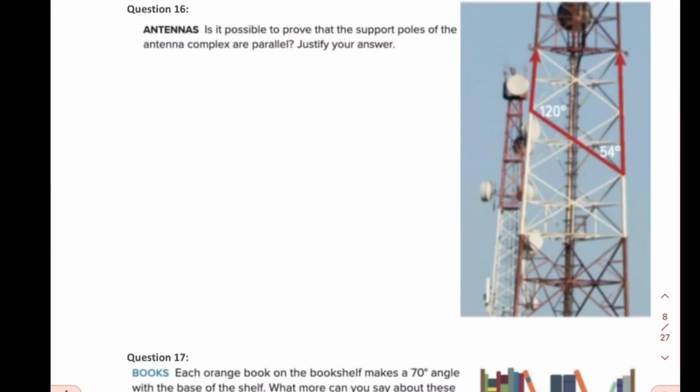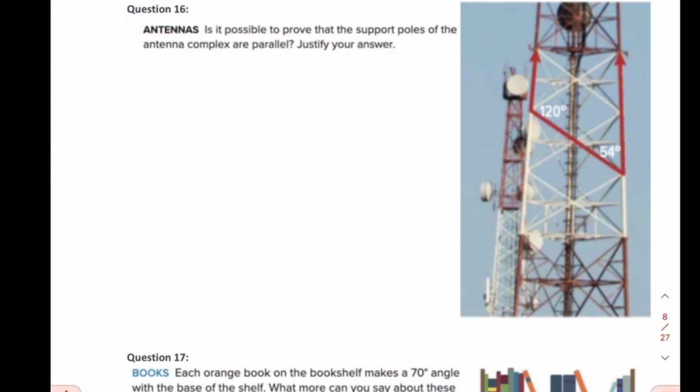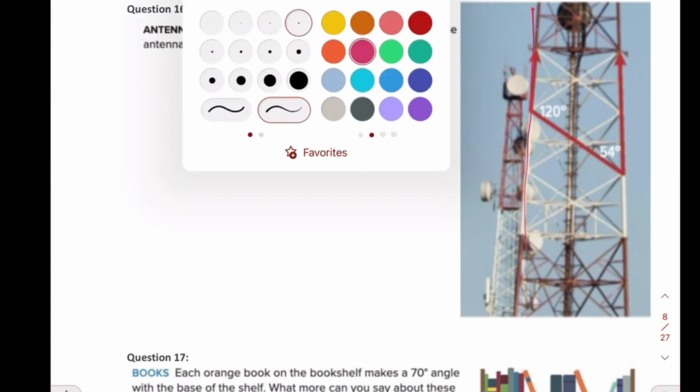Here, they say, is it possible to prove that the support poles of the antenna complex are parallel? Justify. So they're talking about these supports, this one. Let's use a different color so you can see.